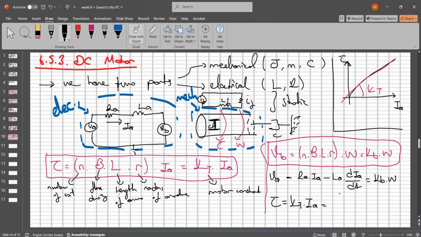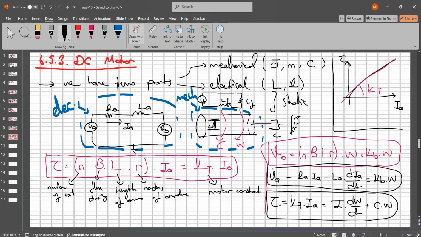We should consume the energy on the I times dW dt plus C times W. We should give the energy from torque into the I times dW divided by dt plus C times W. One of them is the loss energy, the other one is the preserving energy, the acceleration energy in this form. Yes, I is inertia. IA is the current.